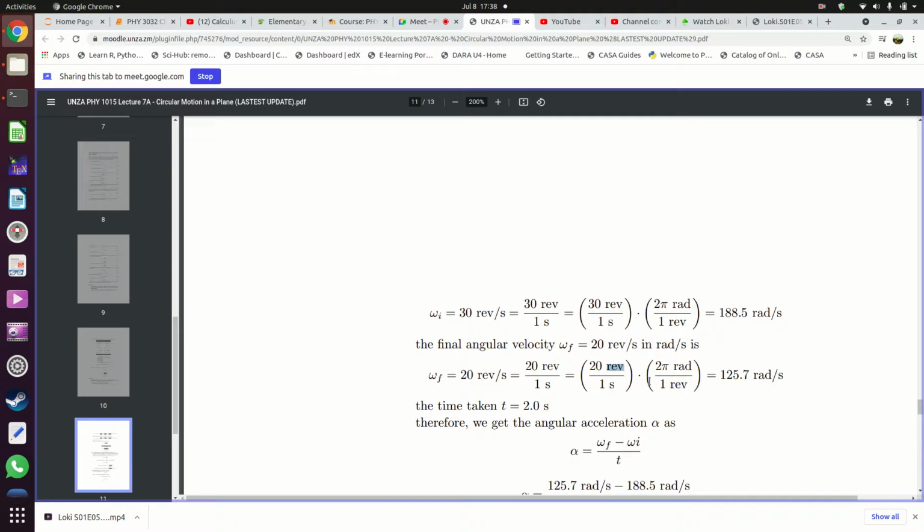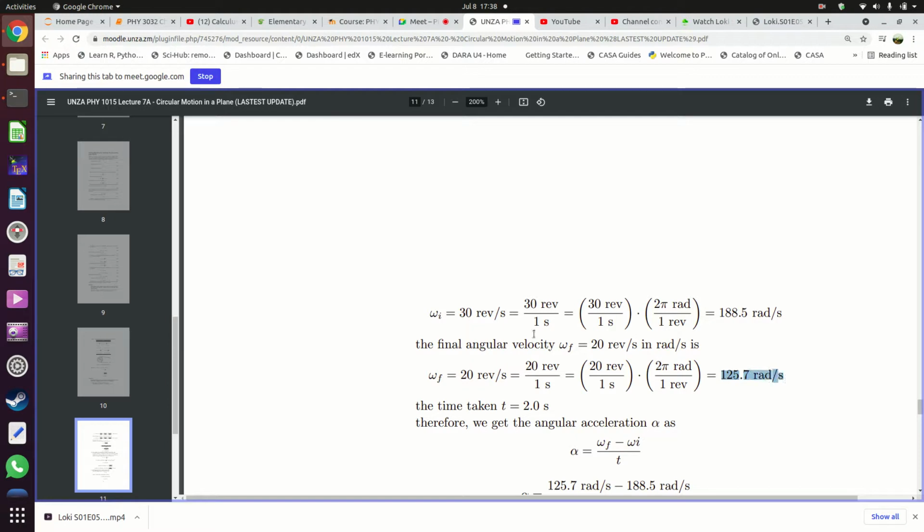This revolution and this revolution down here will cancel out, so you end up having 20 multiplied by 2 pi radians divided by 1 second, and you're going to get 125.7 radians per second. So this is how the conversion is done.